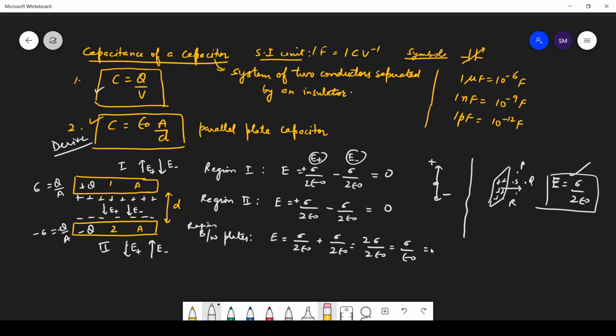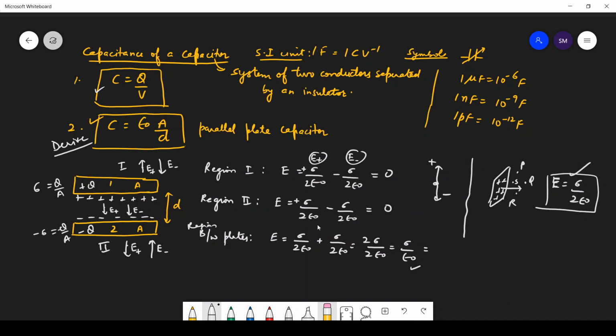Now, this is the formula I am going to derive. There is no surface charge density in this formula, so I need to put the value of sigma here. Sigma I have to remove.